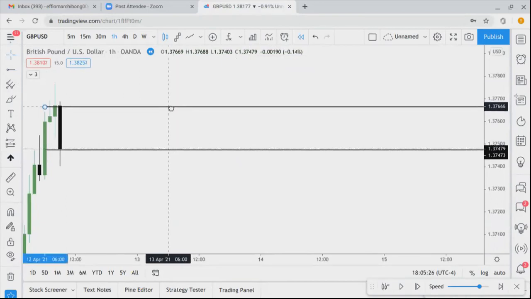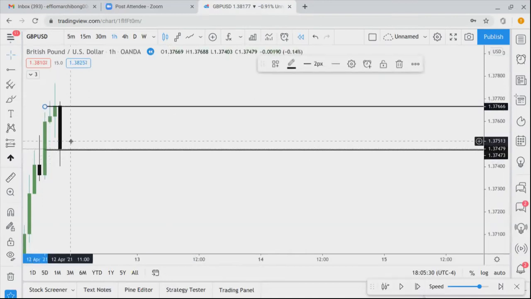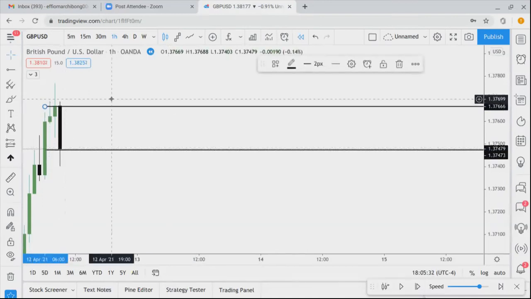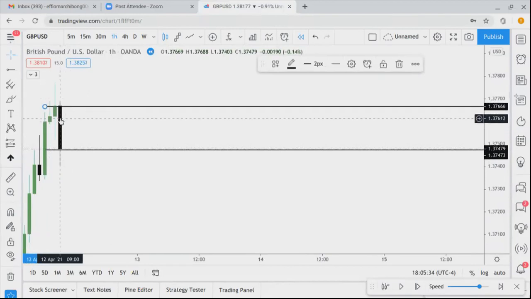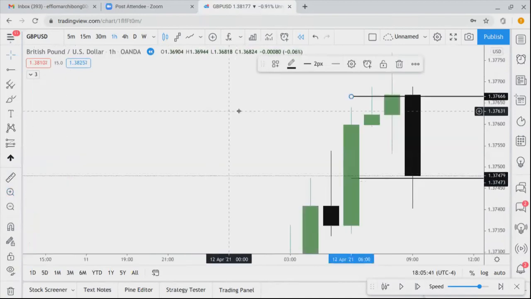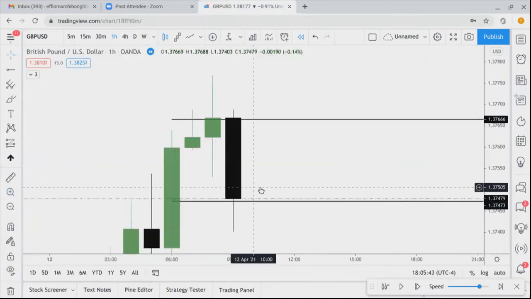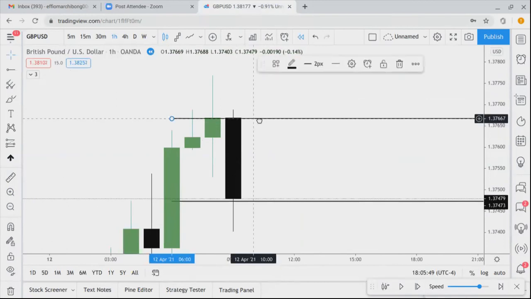So I'm going to do this. There you go. This is it, right? So within this opening and closing price, now if you look to the left, I'm going to zoom out in this zone here. We're talking about details right now. Looking to the left, you will notice that this bullish candle did not close outside this zone.